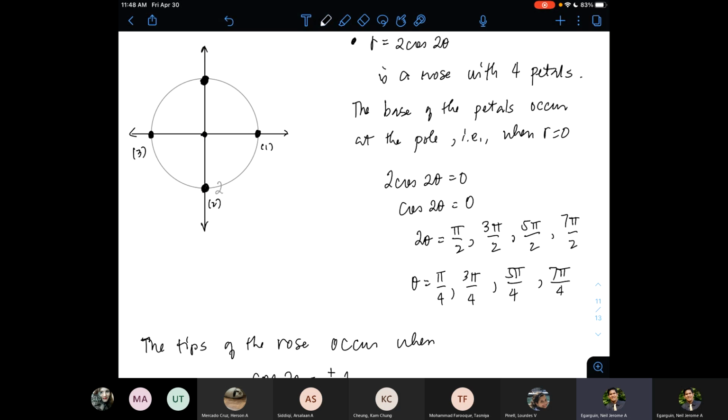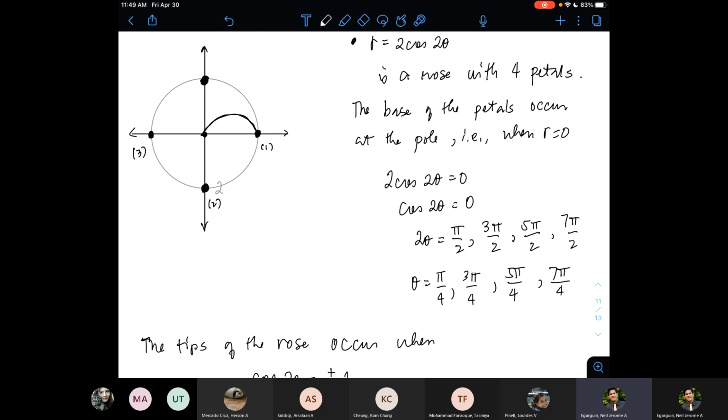So when theta is 0, we begin here. But when theta increases, we'll have some values until it reaches pi over 4, right? Because at theta equals pi over 4, we know that we will be at the pole, right? So theta equals 0 increases until pi over 4.